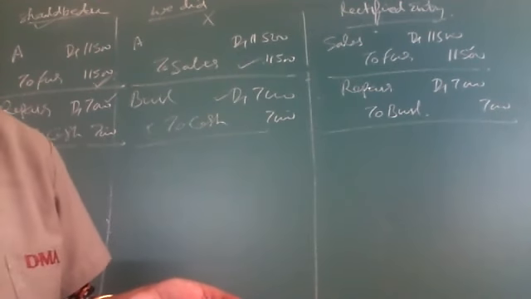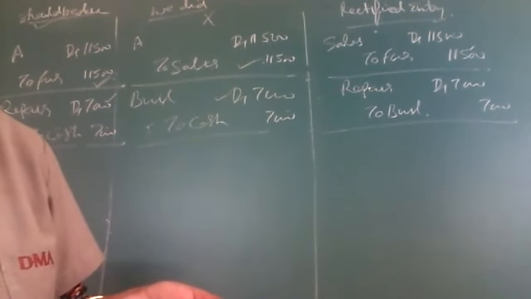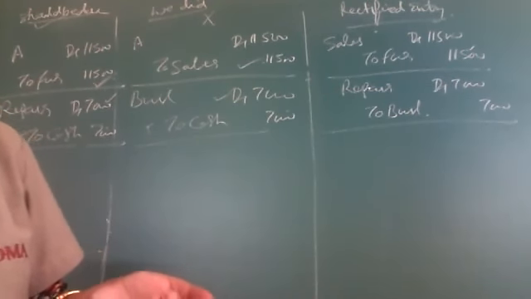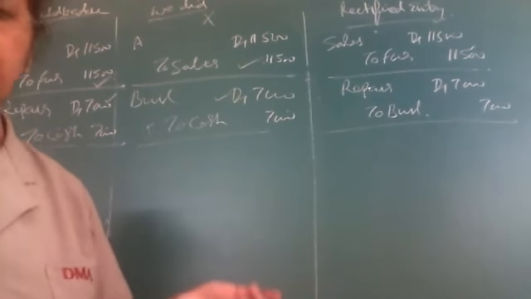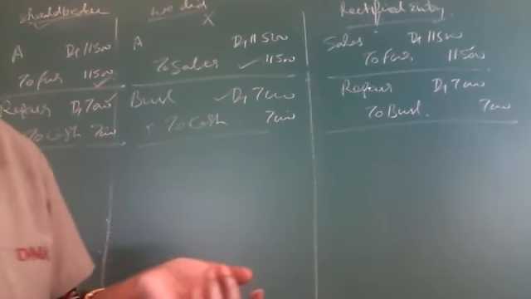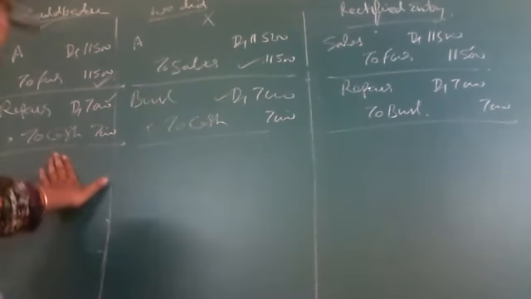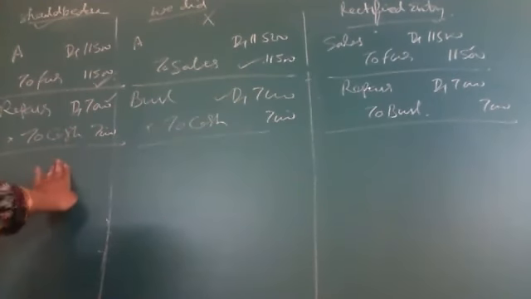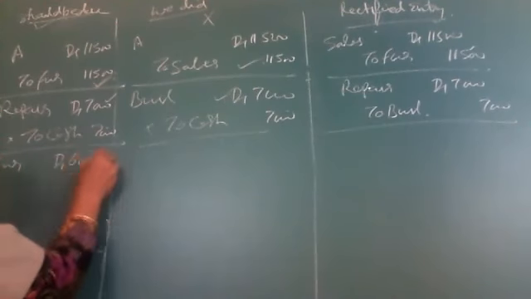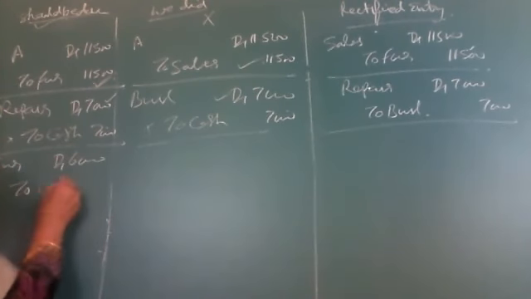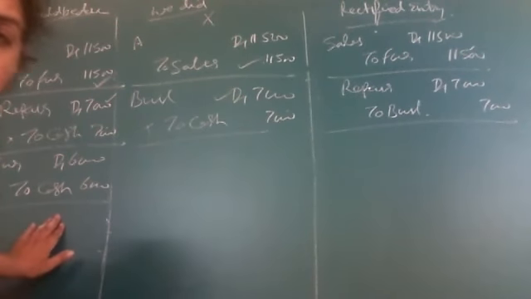6,000 paid for office furniture was debited to office expenses. Furniture is purchased, office furniture. So what should be the right entry? We are acquiring a new asset. So furniture debit to cash.